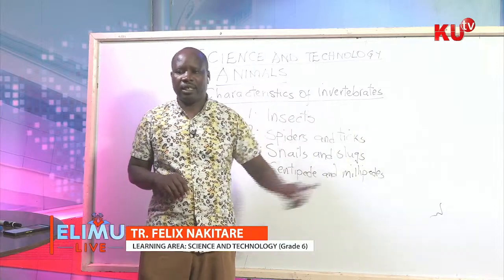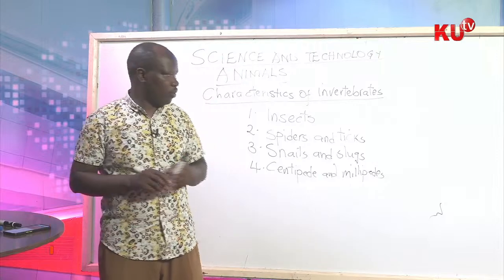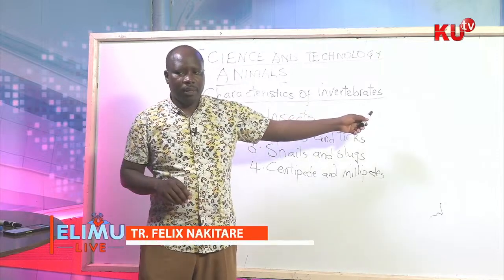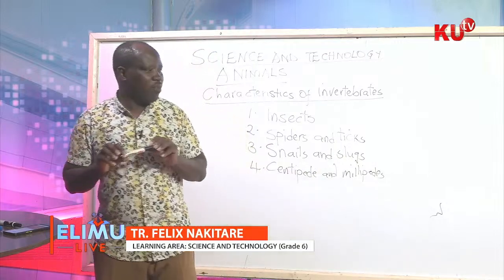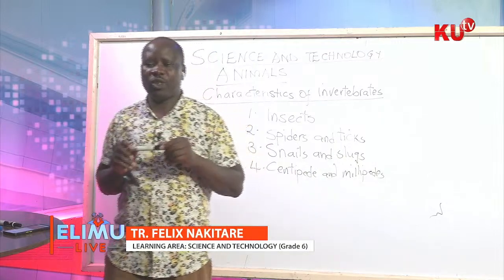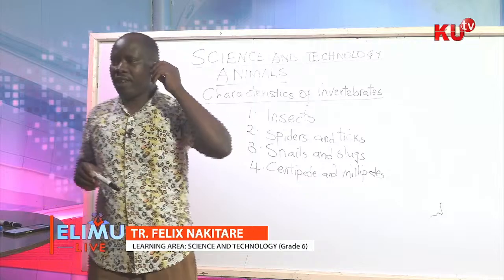You will not get a single bone. Therefore, they do not have backbones. Those are invertebrates. After that, we've looked at the categories or the groups or the classes of invertebrates.